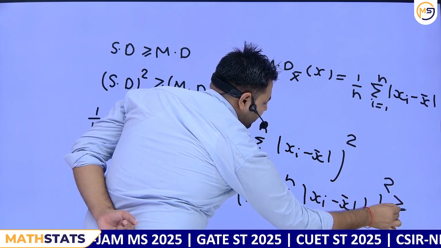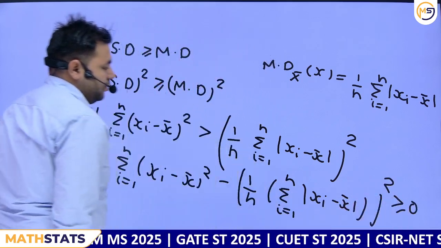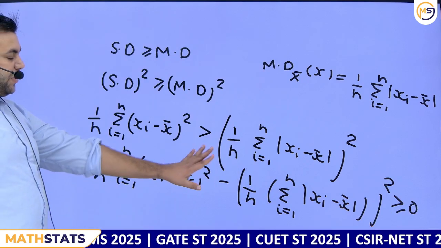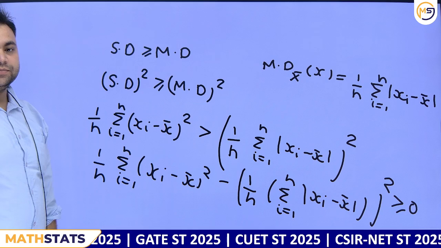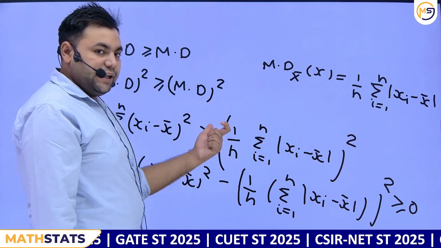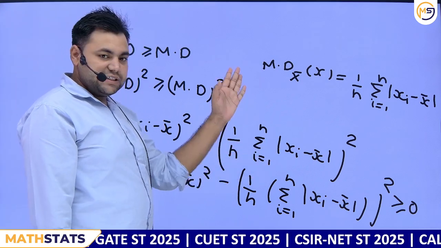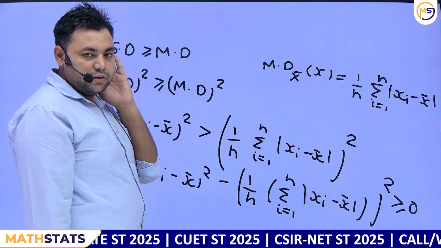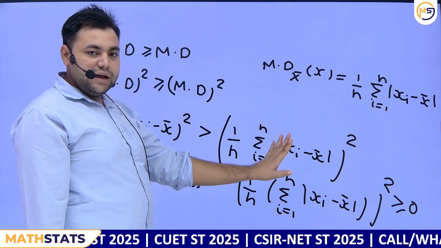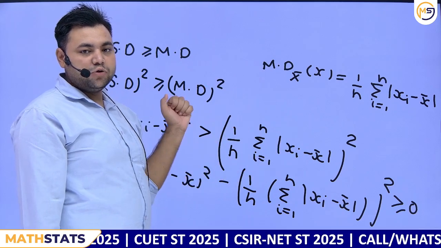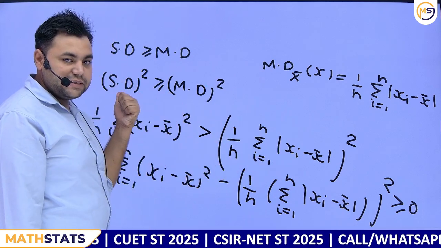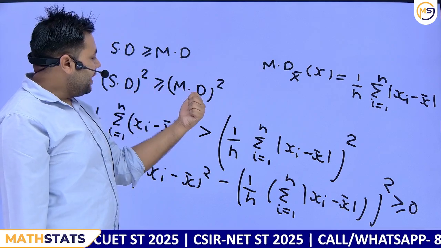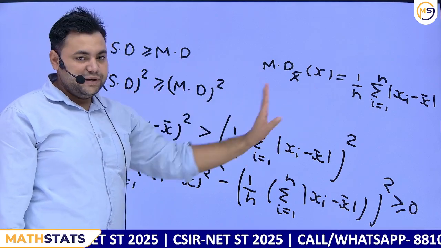This is greater than or equal to 0. Okay. Any problem in these steps? You can ask. If any person has any problem in these steps, ask. Here I am just writing the definition of each quantity. Okay, definition of standard deviation square means variance, mean deviation square, mean deviation, then we take the square.